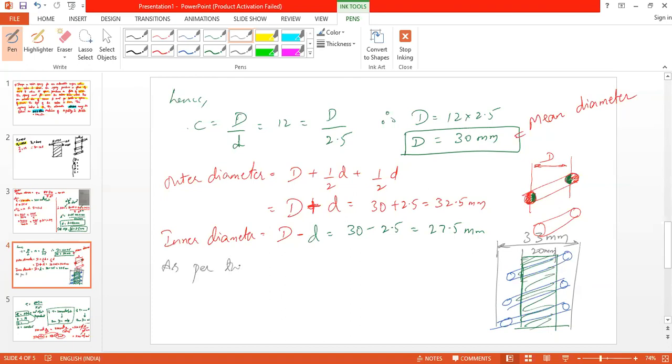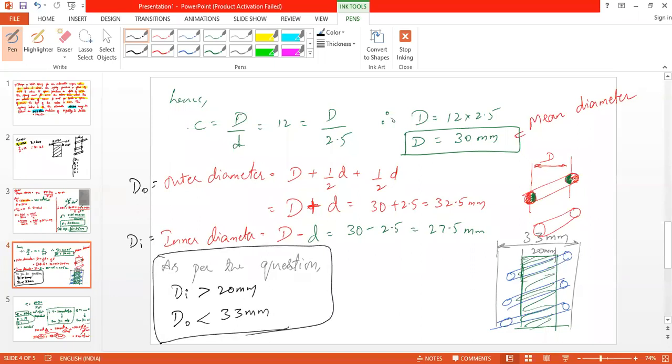So the inside diameter of the spring, as per the question, say D I, must be greater than 20 mm, and D naught, the outer diameter, must be less than 33 mm. Whether these two conditions are satisfied?